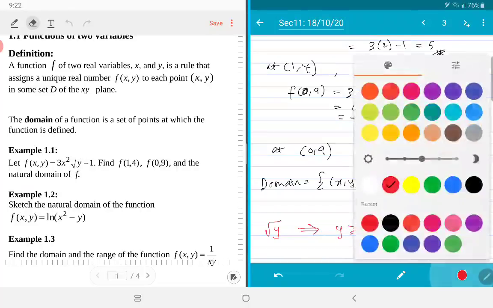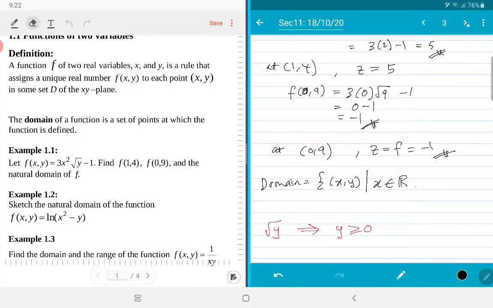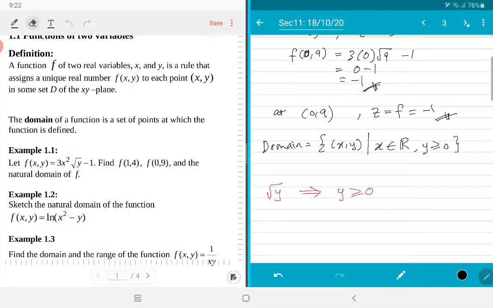So there is a constraint for y: y must be larger than or equal to 0. So this is the domain: the set of points (x, y) where y must be larger than or equal to 0, but x can be any real number.